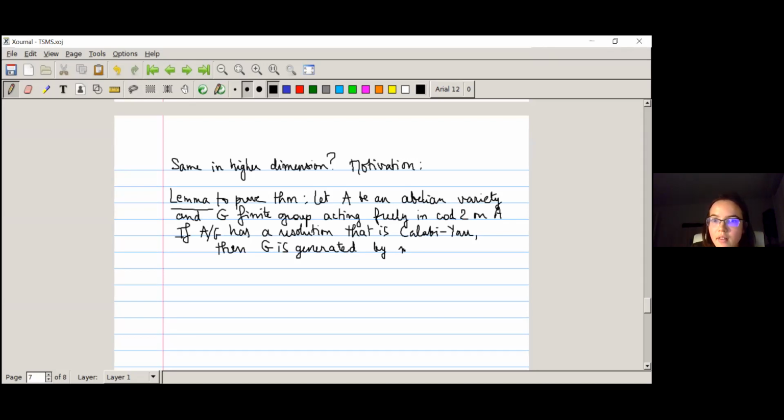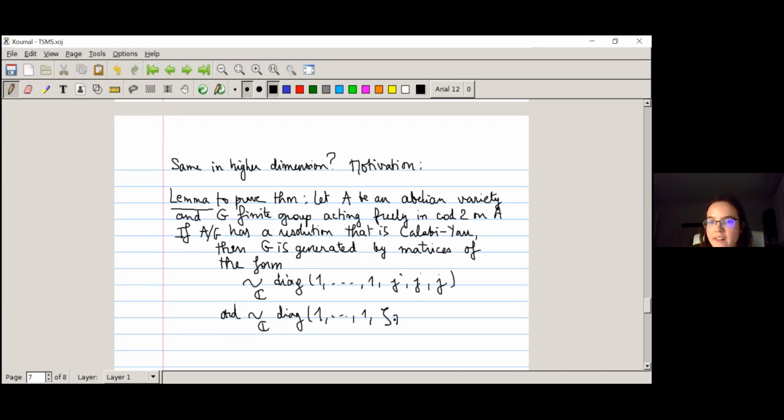by matrices of the form, up to a conjugation, diagonal, a lot of ones, and J, J, J, or the same, after diagonalizing, a lot of ones and the 7th root of unity, its square and its 4th power.